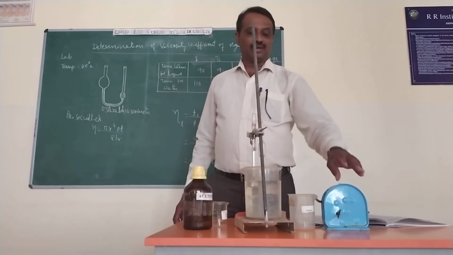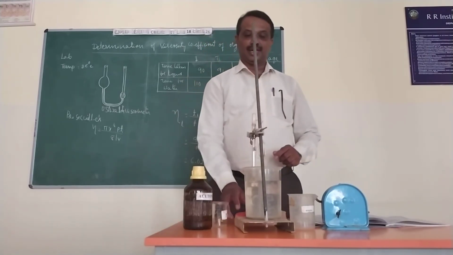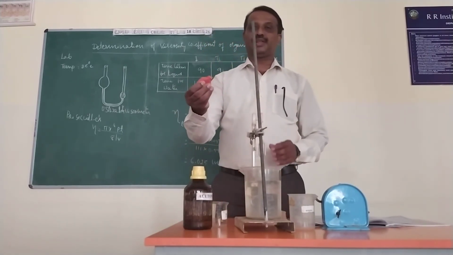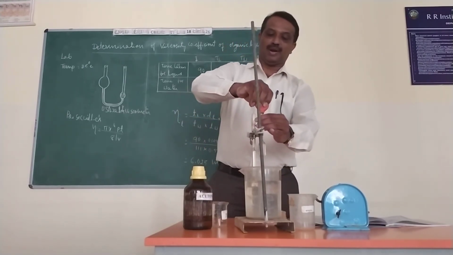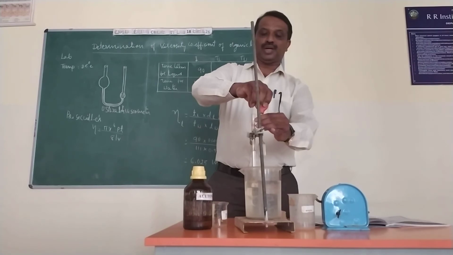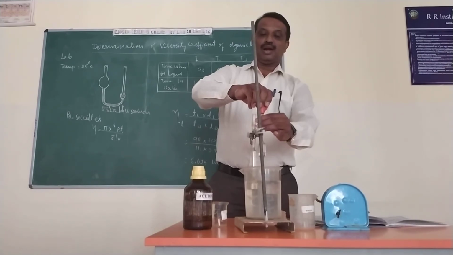Starting this, we can transfer the liquid from the larger bulb to the smaller one. We have done this 2 to 3 times. We are measuring it up to this mark, as it has come from the larger bulb to the smaller one.